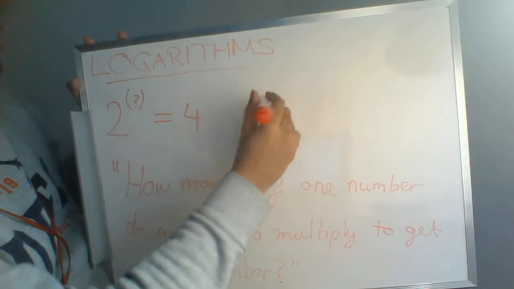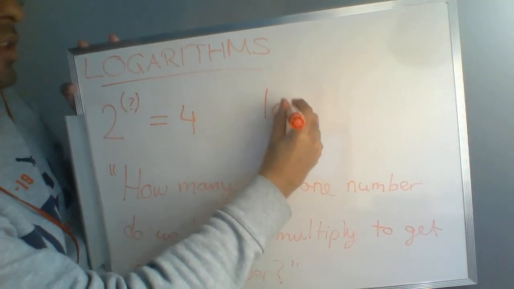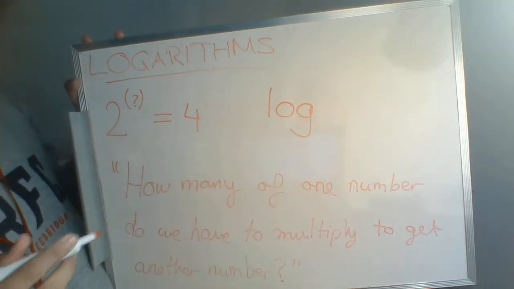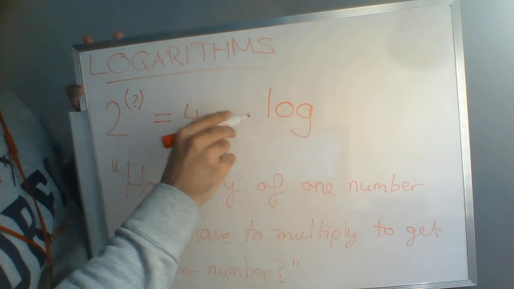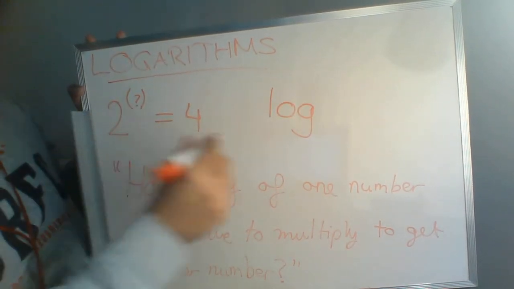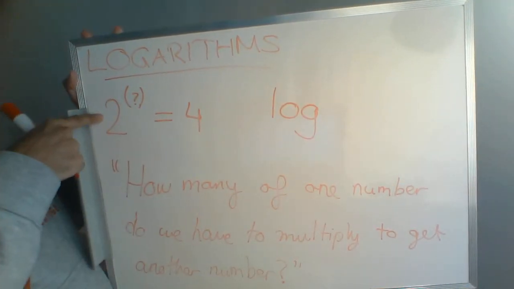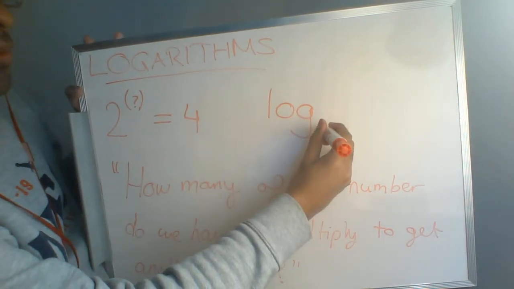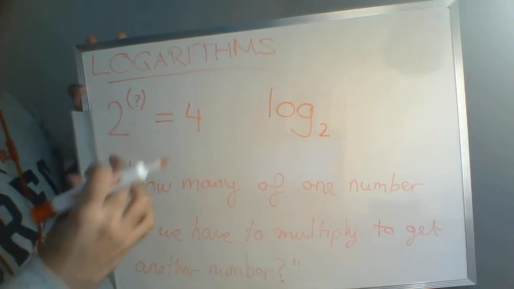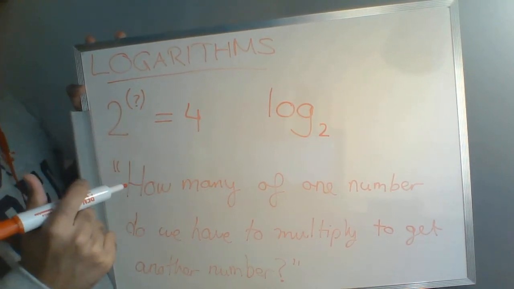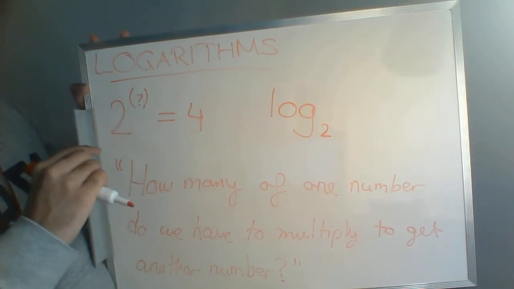Is we write down log, for log coming from logarithm, of course. And then we're going to take this 2 that's our base, and we're going to throw it down there as like a subscript. So make sure it's smaller and a little bit below the rest of the letters.